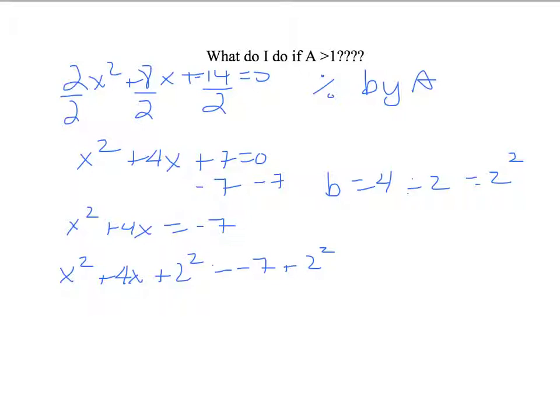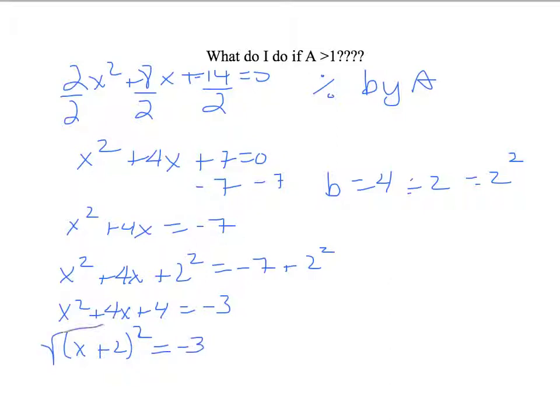And that gives me x squared plus 4x plus 4 equals negative 7 plus 4, which is negative 3. This is a perfect square trinomial. x plus 2 squared equals negative 3.